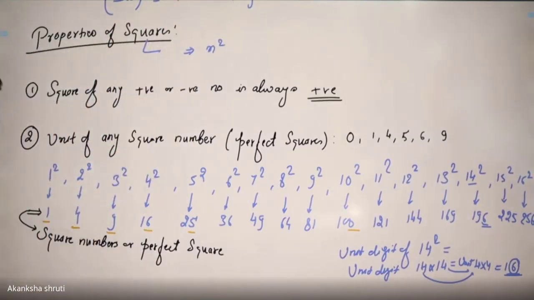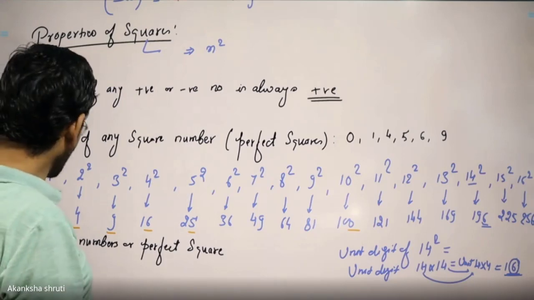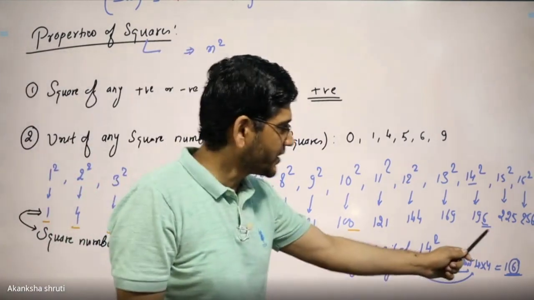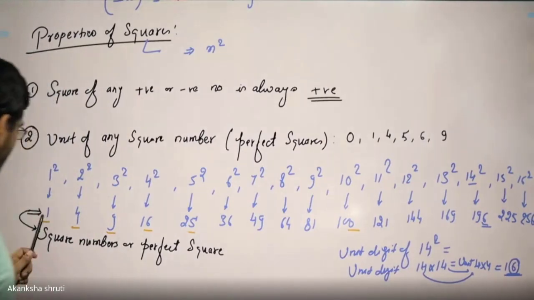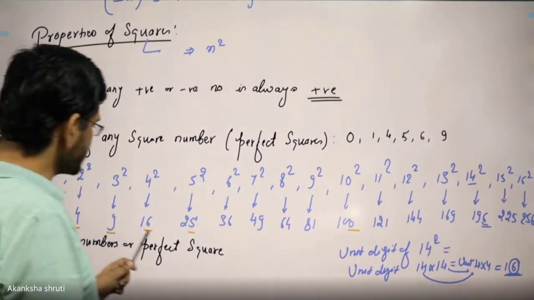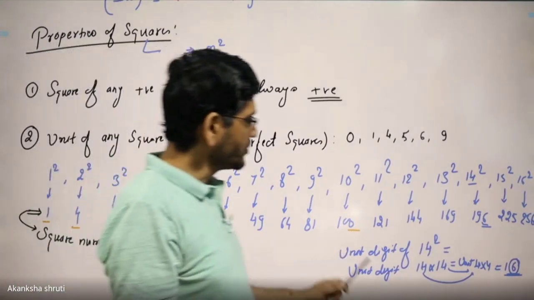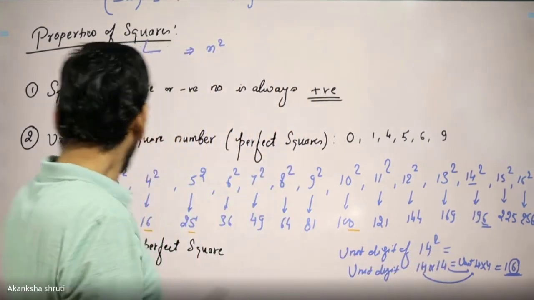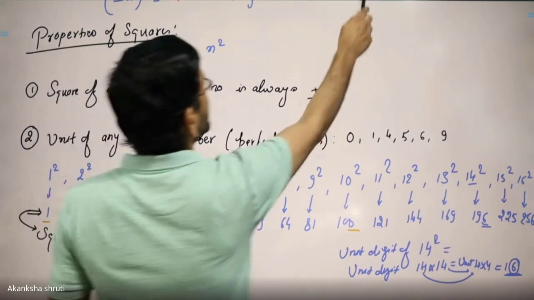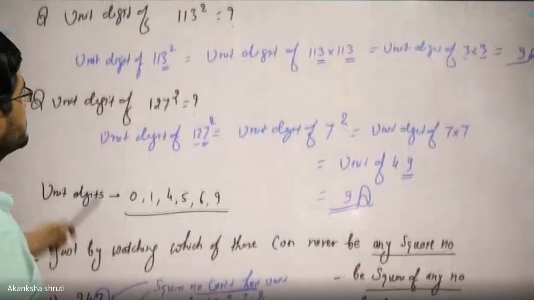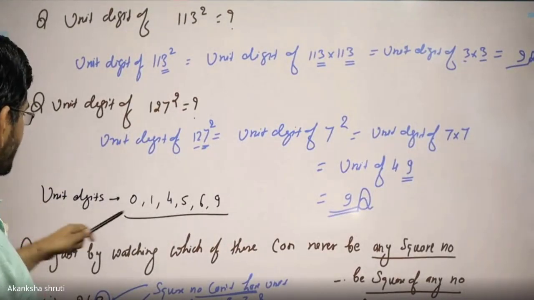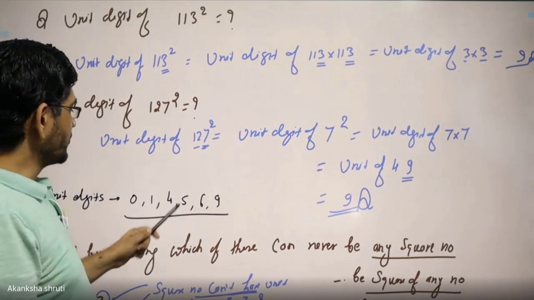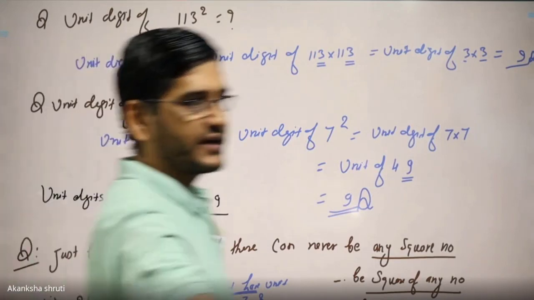In addition to this, we had also learned that if we observe these square numbers, their unit digit can be 1, 4, 9, 6, 5, 0, only this much. So the unit digit of a square number can be 0, 1, 4, 5, 6 and 9 only.